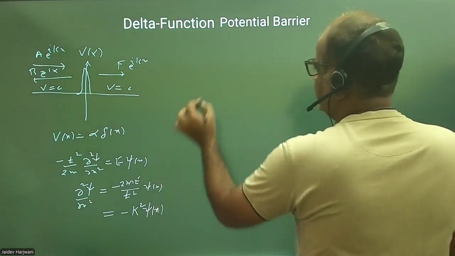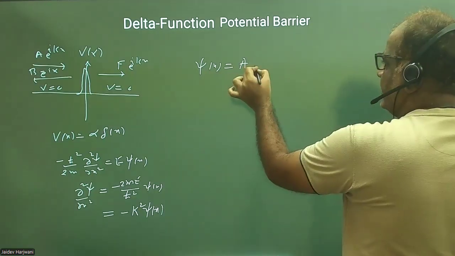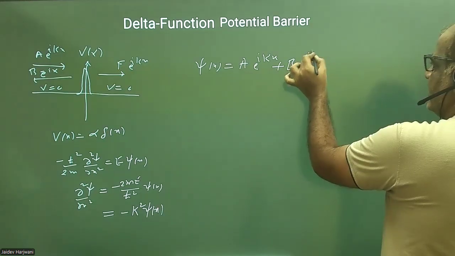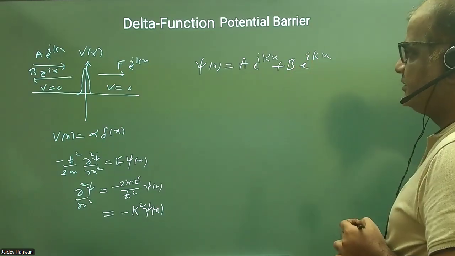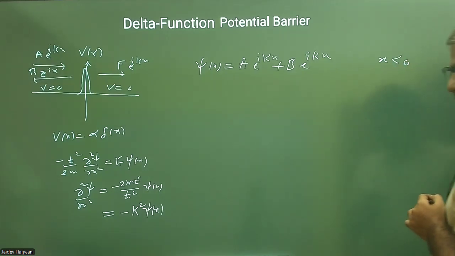The solution of this equation is psi(x) equal to A e^(ikx) plus B e^(-ikx). This is for the region x less than 0.